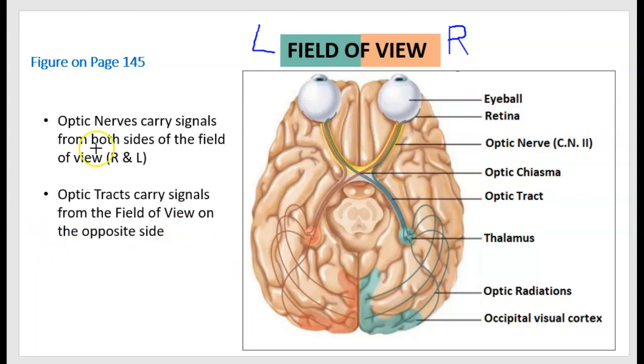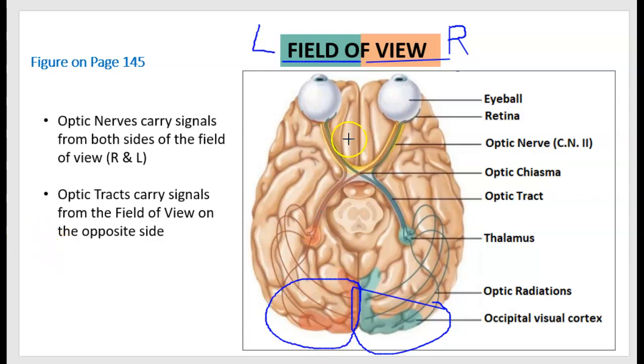Okay, so you can see already how it's set up. The green field of view goes to the opposite side of the brain, and the orange or salmon colored field of view goes to, again, the contralateral side of the brain.